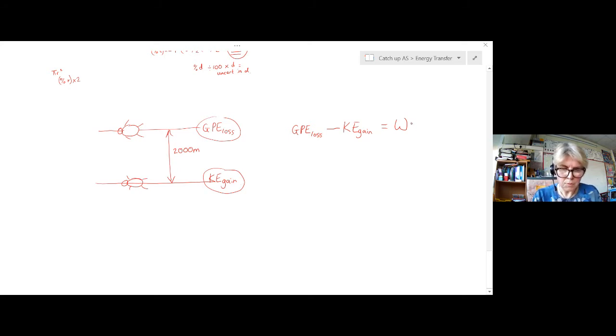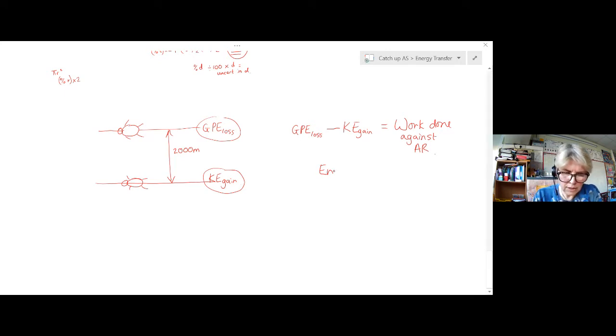So we'll say work done against air resistance. Now be careful here, because you cannot say that the loss of gravitational potential energy loss, take away the kinetic energy gain, is, for example, air resistance.